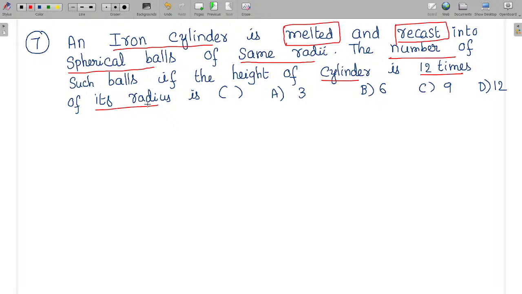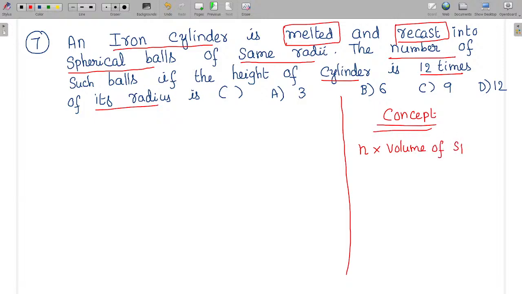That's the only simple concept we need to use. n stands for number of spherical balls, n times volume of a sphere is equal to volume of the cylinder. Just use this simple concept, you will get the answer.